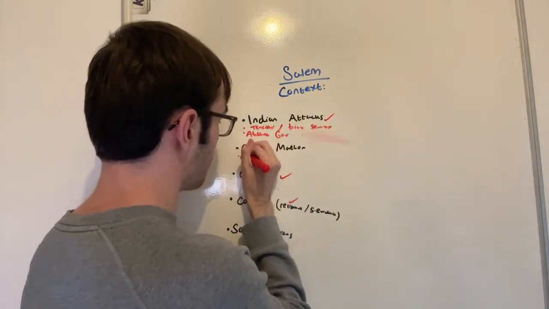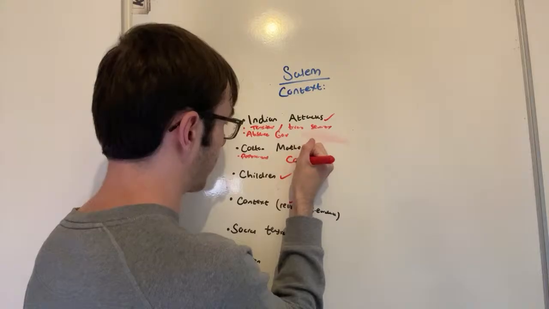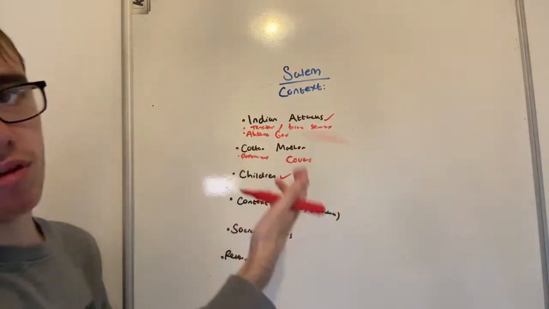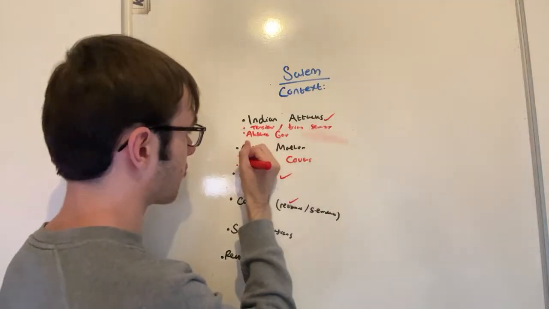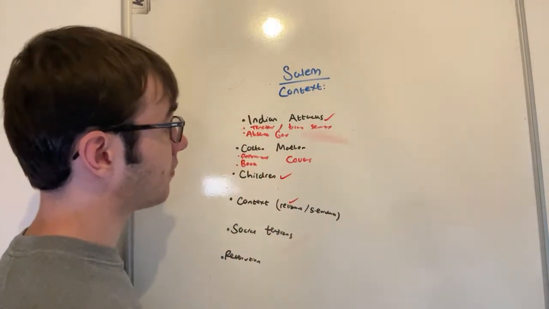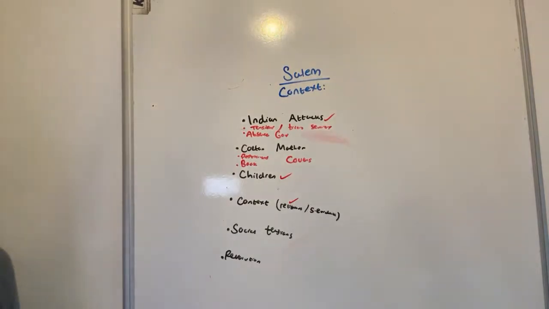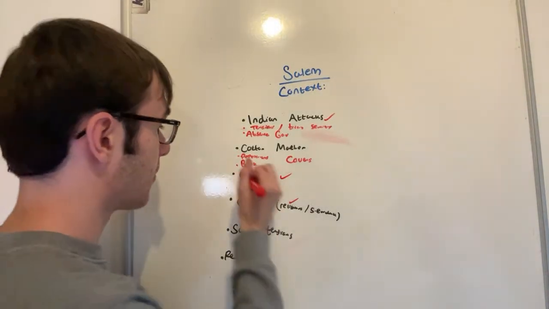Cotton Mather: he popularized certain beliefs about witches working in covens. Obviously, explain what that means. Cotton Mather also wrote his book. You could argue, I don't know what the book did. I have no interest in knowing what his book said, but you could just ramble about that.